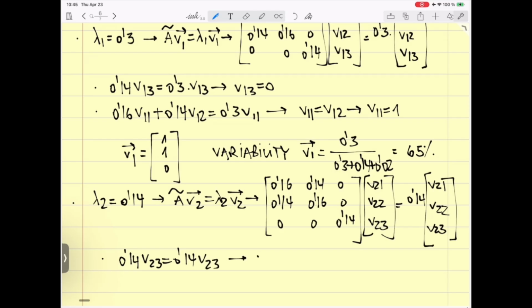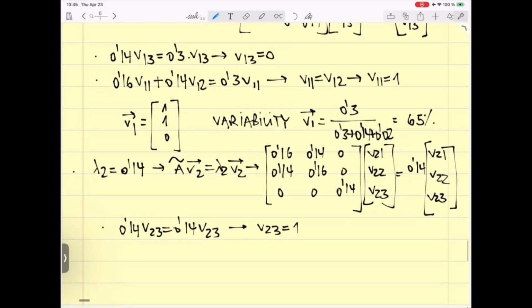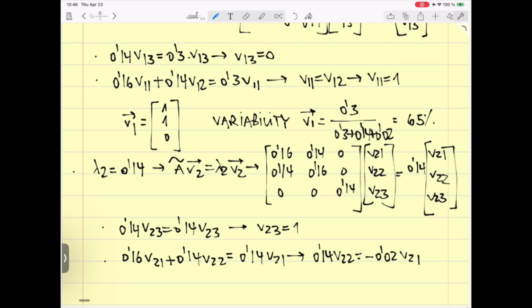So V23 can be any value, so let's take V23 equal 1. The reason why this is because we made an approximation, okay? In reality, the real system wouldn't go like this, but this is an approximation, so we take that. And then the second is that 0.16 V21 plus 0.14 V22 equals 0.14 V21. This yields that 0.14 V22 equals minus 0.02 V21. So if V21 is 1, then V22 is minus 7.